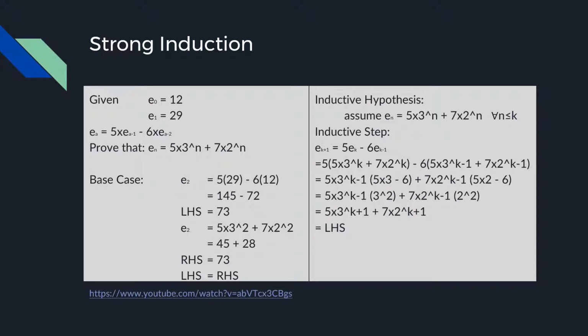Equating the brackets, we get 9 or 3 squared and 4 or 2 squared, which changes our equation to E(k+1) is equal to 5 times 3^(k+1) plus 7 times 2^(k+1), or the left-hand side.